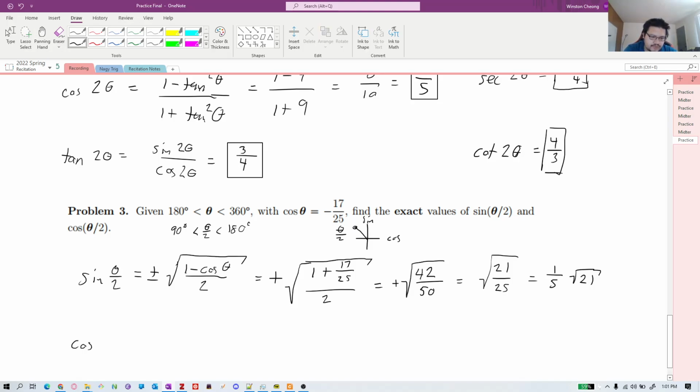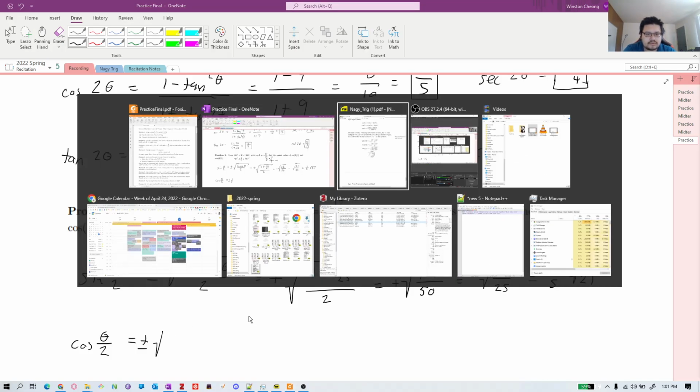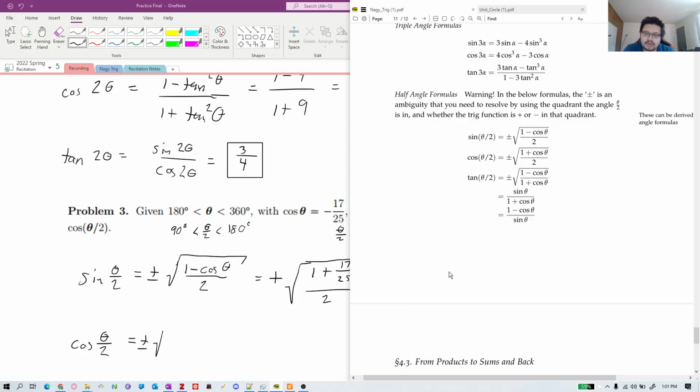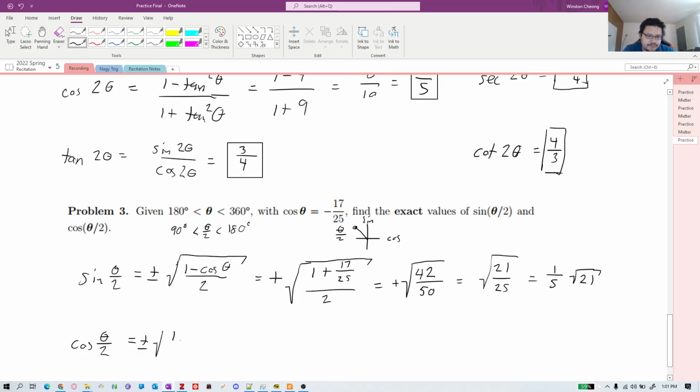Now let's do cosine of theta over 2. So again, we know it's plus or minus, and then there's some square root expression. Let's look at our formula sheet. So it's the same as sine, but with a plus instead of a minus. 1 plus cosine of theta over 2. Okay.